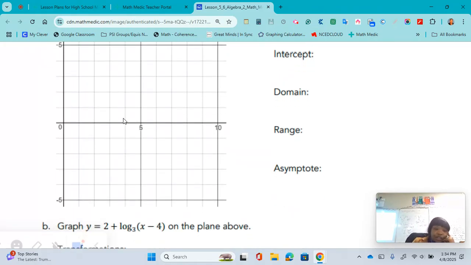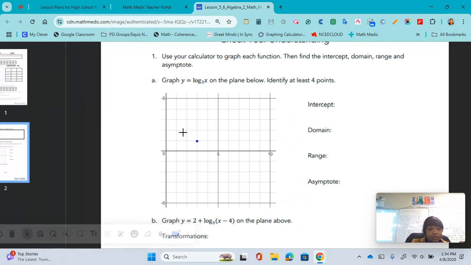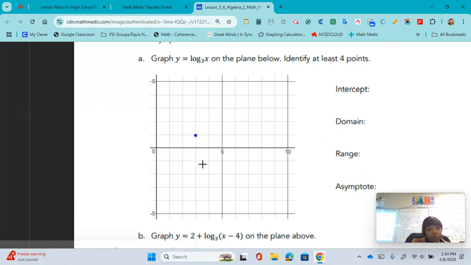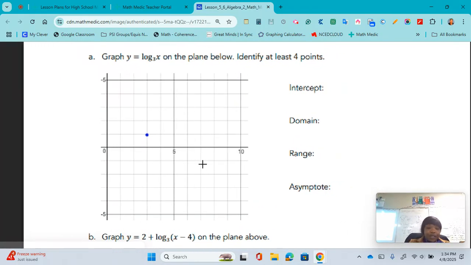So if I input a 3, I output a 1, so I could put a mark there. 3 to what power is 1? So I plug in a 1, I output a 0.